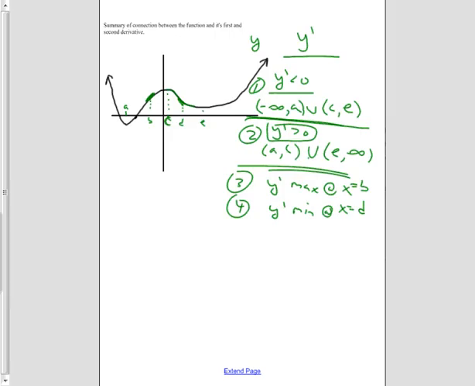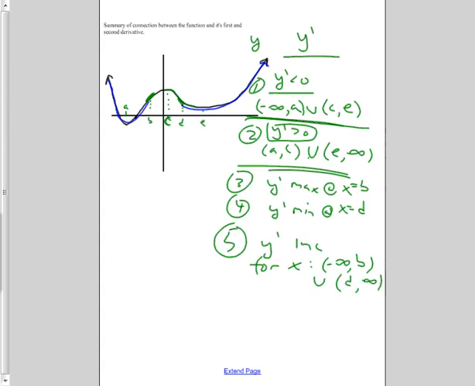More on y prime. Y prime is going to be increasing everywhere I draw blue. So increasing up to there, and then increasing everywhere thereafter. So y prime is increasing for x from negative infinity until b, and from d to infinity.